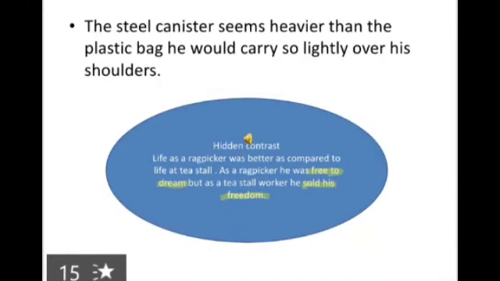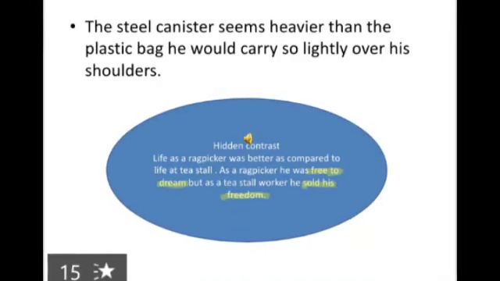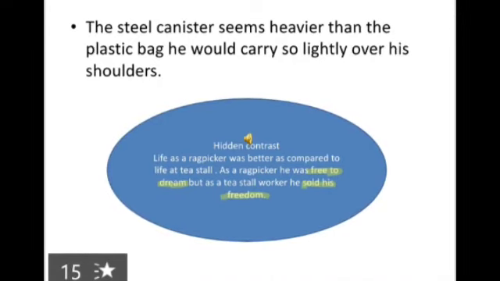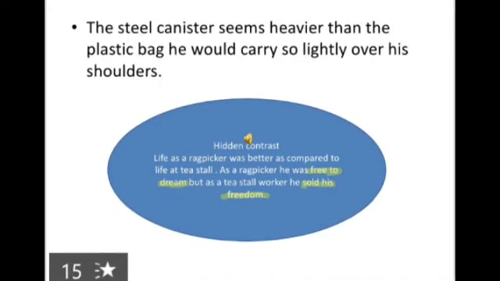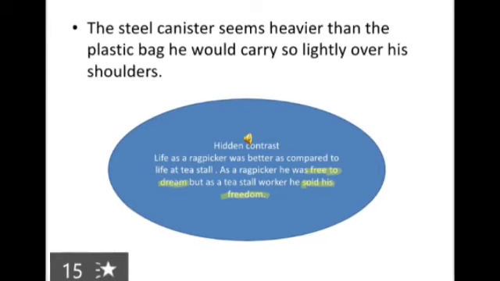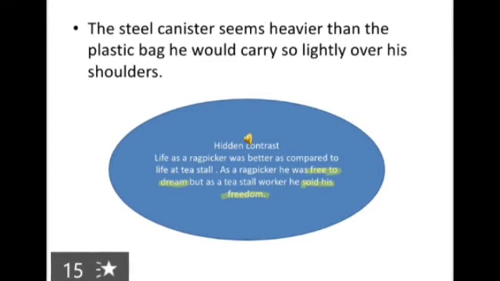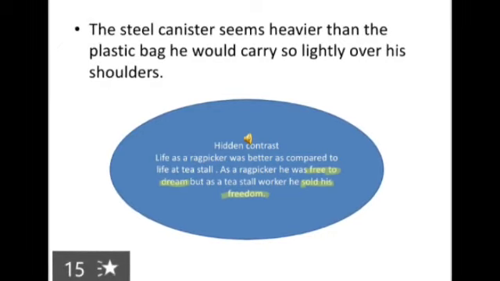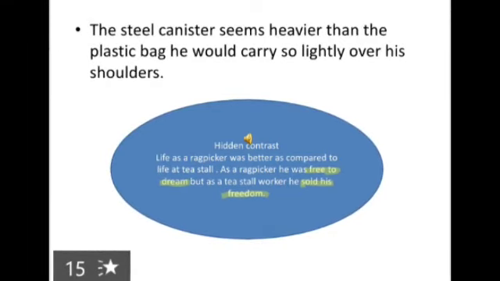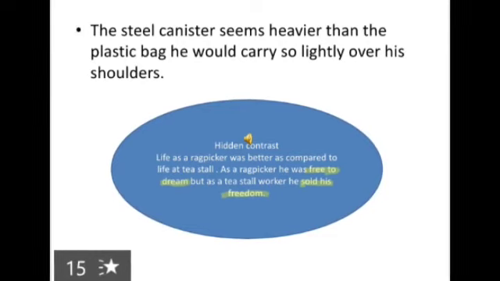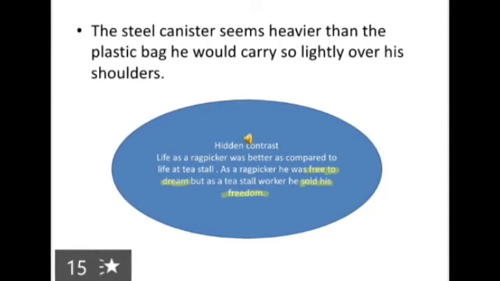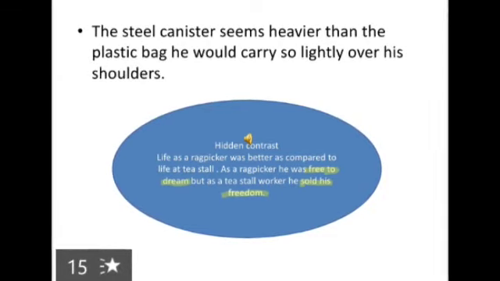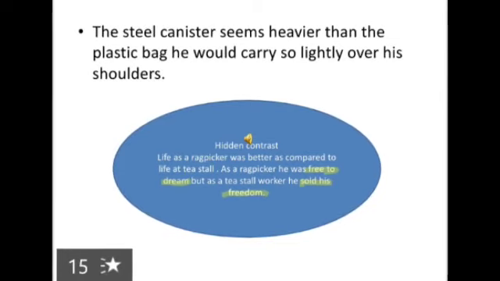The next statement is, the steel canister seems heavier than the plastic bag he would carry so lightly over his shoulders. There is a hidden contrast in this statement. Life as a rag picker was better as compared to life at the tea stall. Although he had security and was earning 800 rupees per month, as a rag picker he was free to dream. But as a tea stall worker, he sold his freedom.